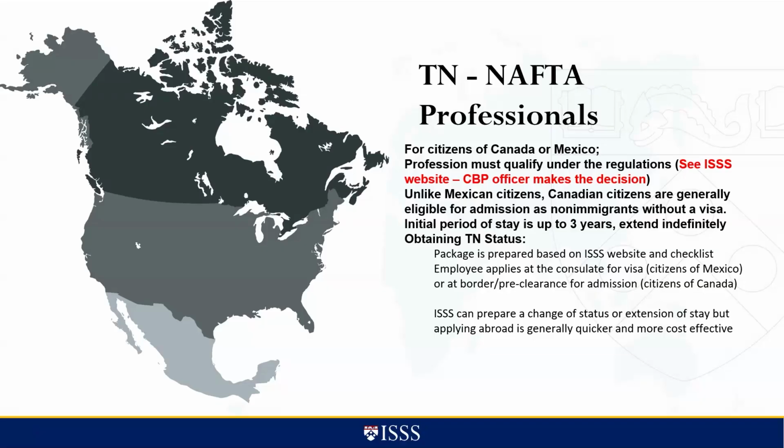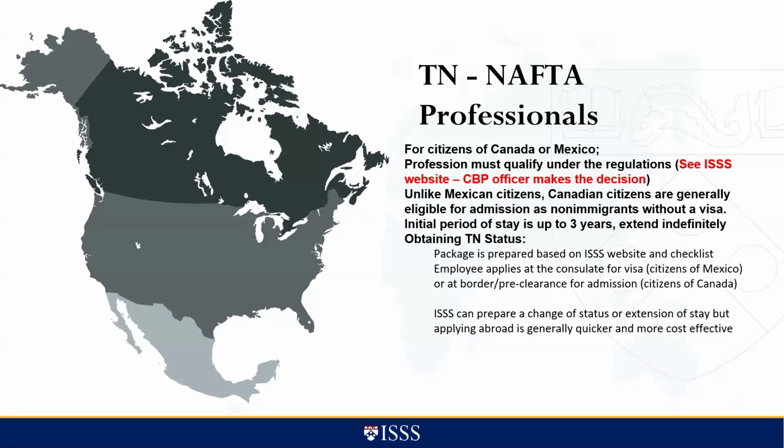For TN, most of the time the initial period is 3 years maximum, and then there is no limit. Unlike H-1B, where the maximum is 6 years, TN has an initial period of 3 years and you can help them extend indefinitely. That's the situation for now. Just like H-1B, we can help people change status to TN in the United States.